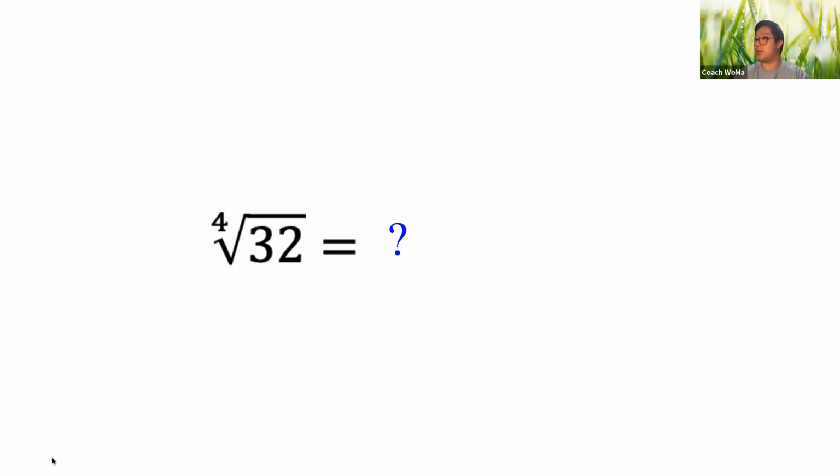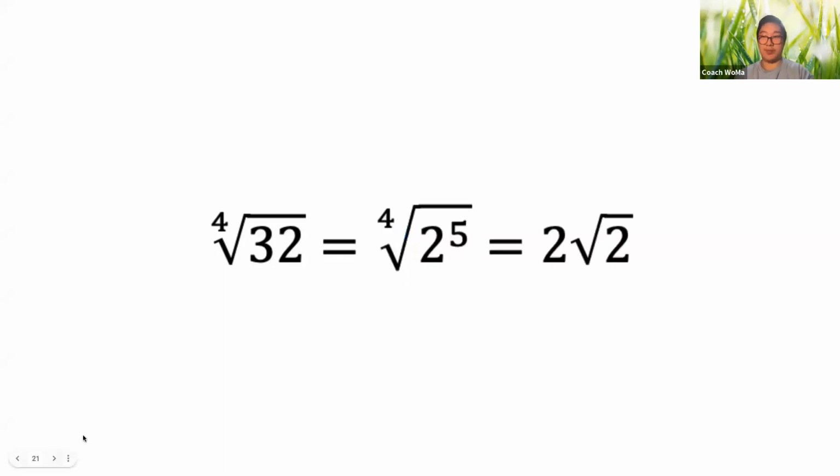Yeah, so this might be a little tricky. Okay, so let's go over this. We can go to the next slide first. So what I was looking for here was that 32 is also 2 to the fifth.